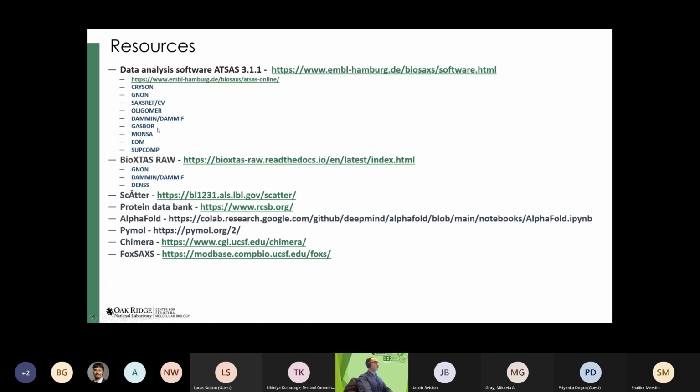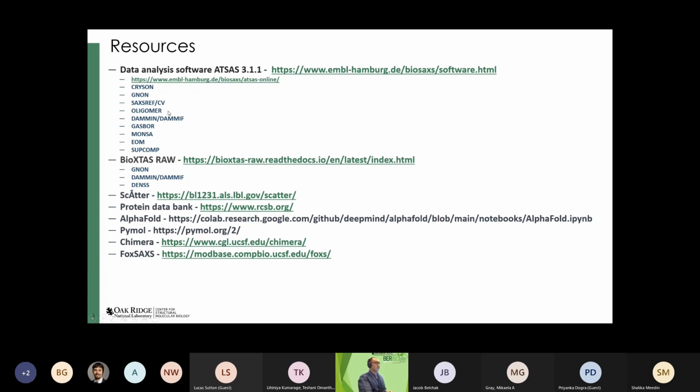But here are the ones developed to help you analyze SANS data. Start with CRYSON, which gives you the ability to fit PDB models to experimental data; GNOM to calculate particle distance distributions; SASREF that helps you do rigid body modeling and allows you to use contrast variation series, also including SAXS data.